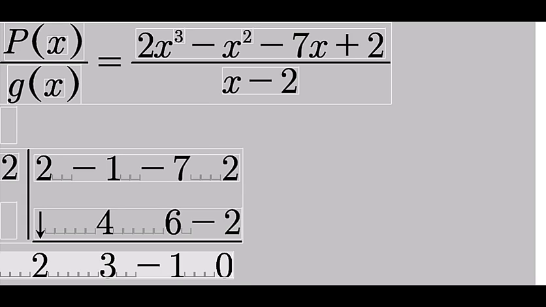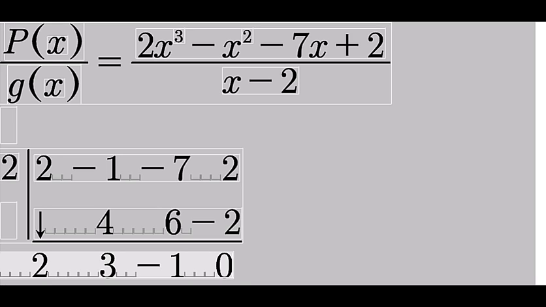Suppose it was x plus 2, we should have taken minus 2. But in this case it is x minus 2, so we take plus 2 and place it outside the vertical line. Then we write out the coefficients of the variables involved from the polynomial, that is the numerator, or our dividend.